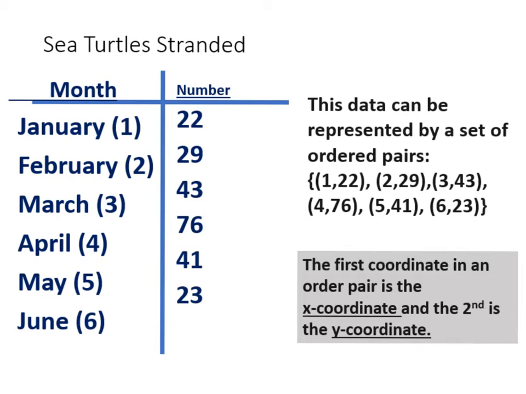We're given a set of months as our inputs and the number as our outputs. Now this data can be represented by the ordered pairs that we have here. The important thing from this piece of information is the information given in our ordered pair. So the first coordinate is called the x-coordinate, and the second coordinate is our y-coordinate.